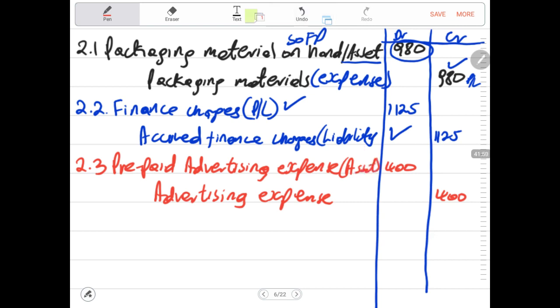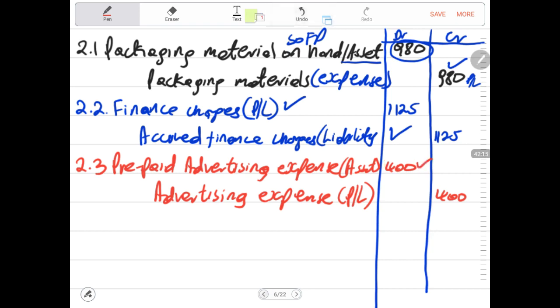So this is an asset. We paid money before time. So now prepaid expense is an asset. The one on the credit side is an expense. We can see that. And now advertising expense is an expense, and expenses decrease on the credit side. And this will be in the statement of profit or loss. It will be decreasing that advertising. Now let's record this one on the debit side first.